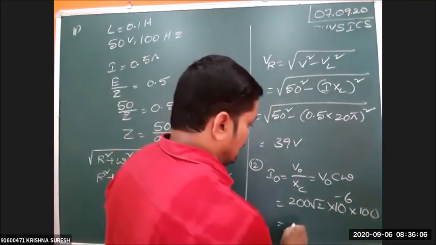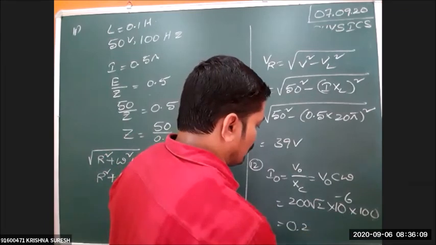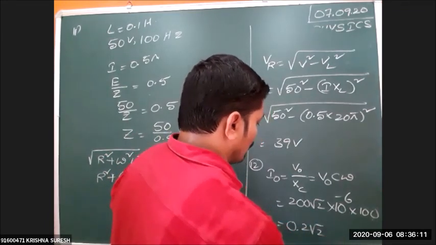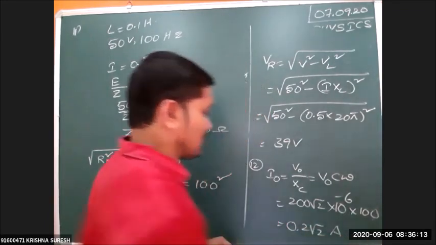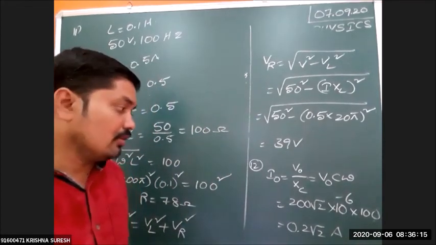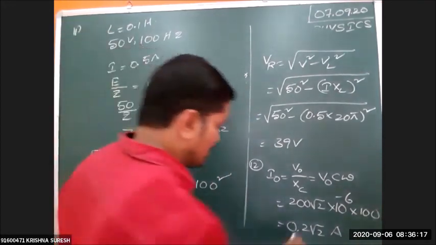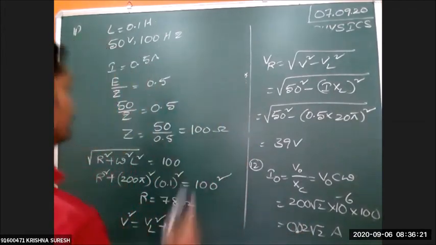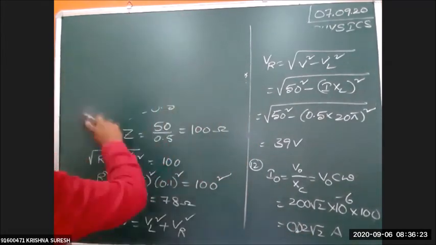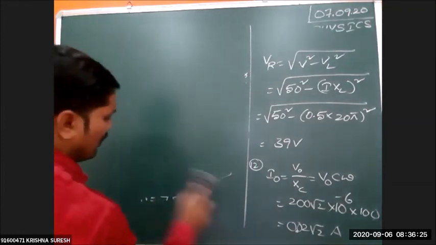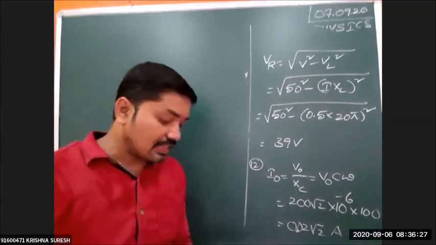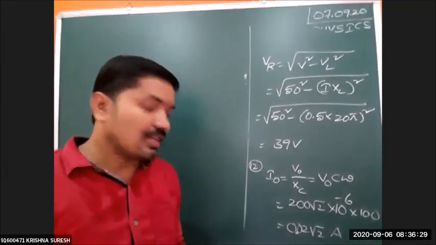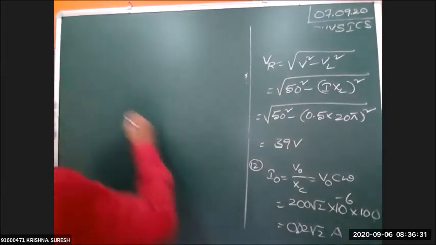Then that is 0.02 root 2 amperes. That is only the maximum value of current, but the ammeter will measure the RMS value.